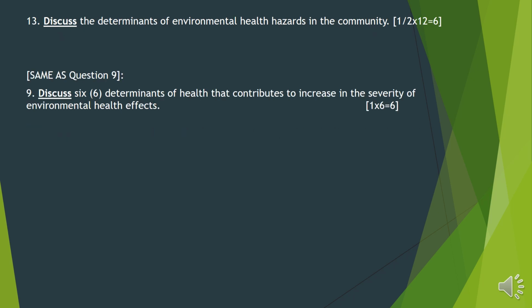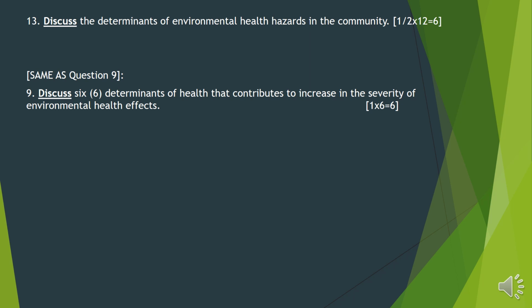Here's another one. Discuss the determinants of environmental health hazards in the community. We've gone through a similar question which had said discuss 6 determinants of health that contribute to increase in the severity of environmental health effects. So even the instruction verb is the same, it's discuss.